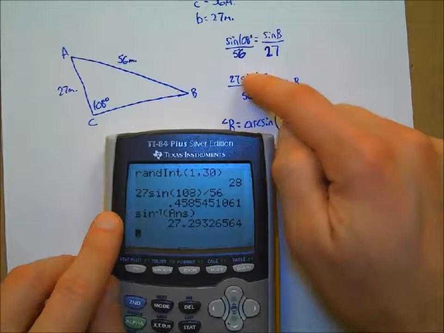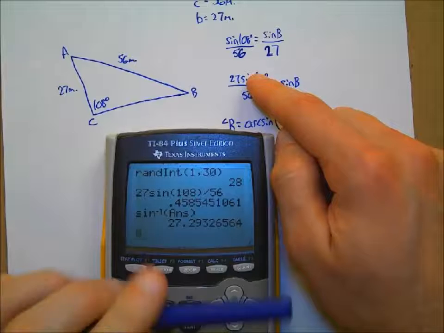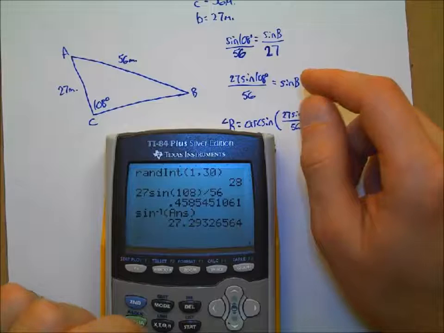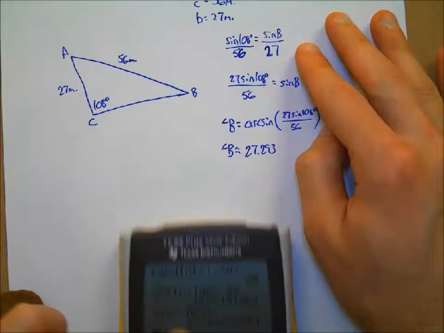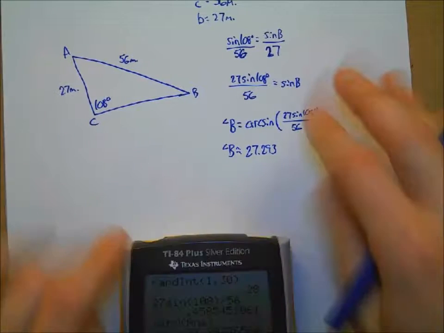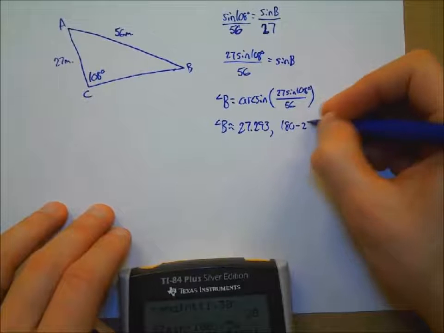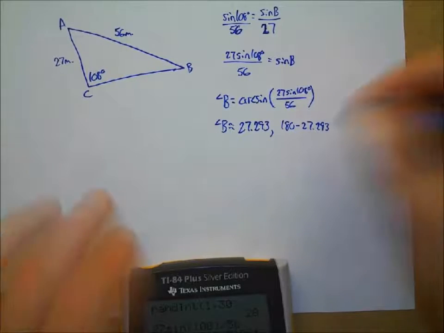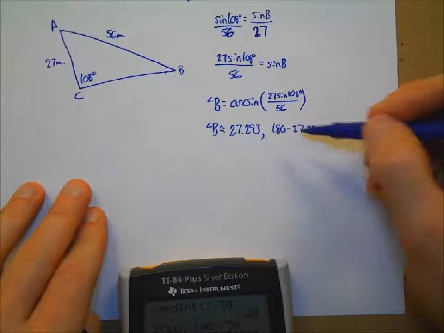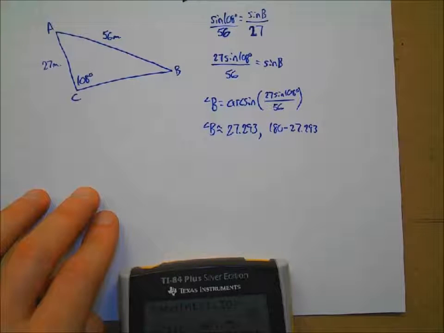What other quadrant is sine positive? The second quadrant. So there could be another angle here that when you take the sine of it, you get this value. That's going to be 180 minus 27.293. The corresponding angle from the first quadrant, you find its corresponding angle in the second quadrant by doing 180 minus that 27.293.